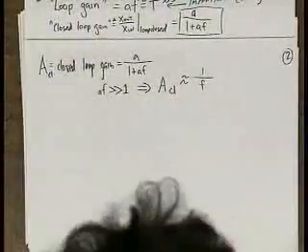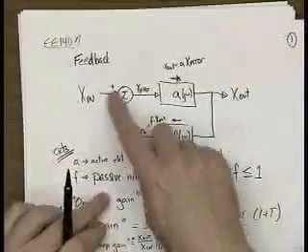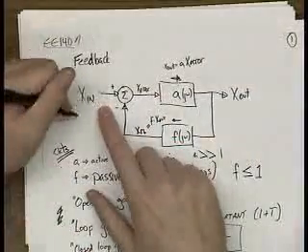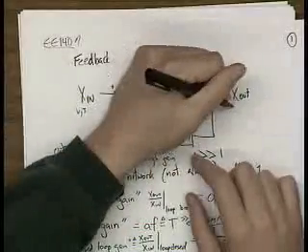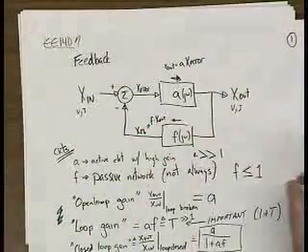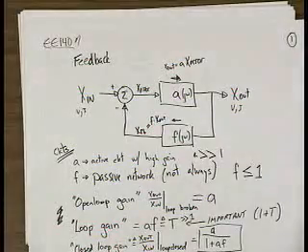So, as I said before, on this network here, X in can be either a voltage or a current, and X out can either be a voltage or a current. Okay? So there are 4 possible configurations. It's a 2x2, right?